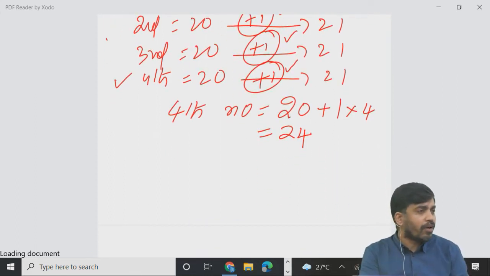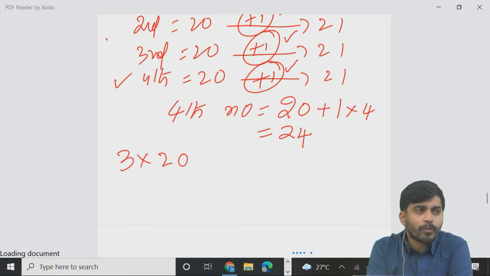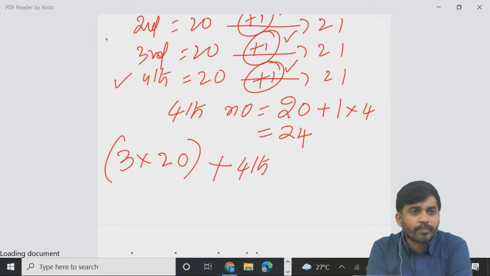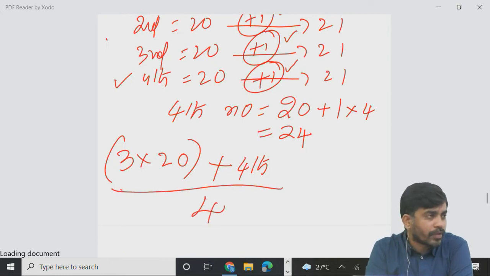By using formula, 3 into 20 will give the sum of 3 numbers, plus the fourth number. What is this? The sum of all the 4 numbers. When the sum is given, it should be divided by 4, the number of numbers, to equal the mean.